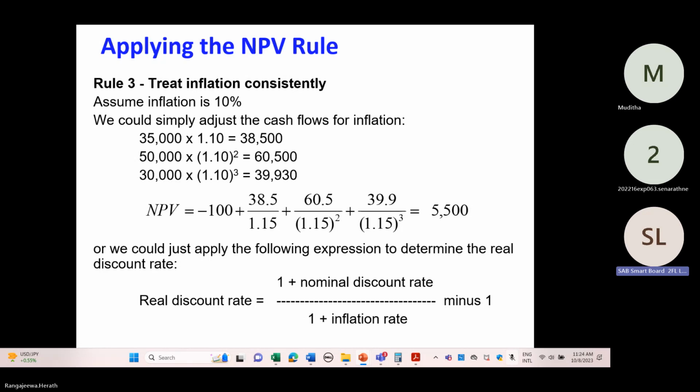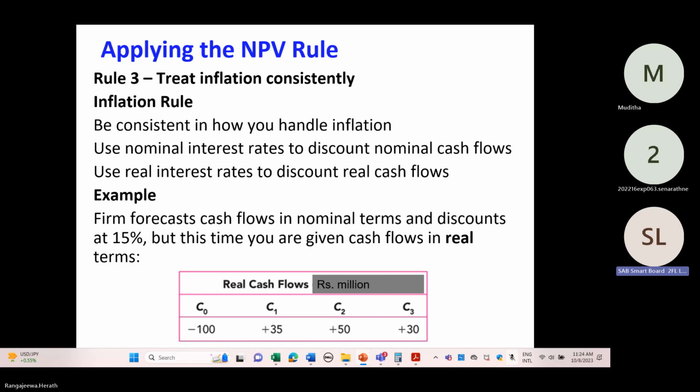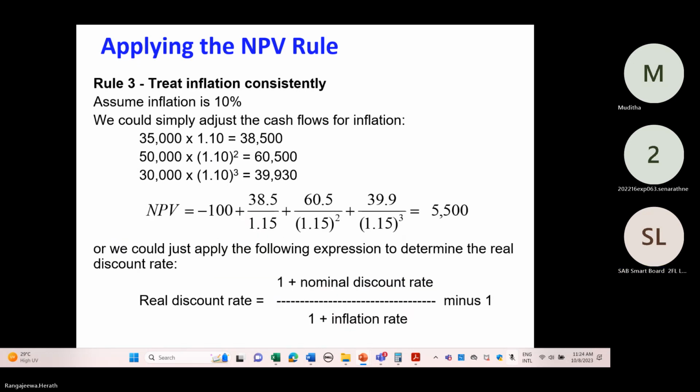Now real cash flows 35. Nominal discount rate 15%. We can convert that 15% into real discount rate, so that we use this simple formula. Real discount rate equal 1 plus nominal discount rate divided by 1 plus inflation rate, minus 1.